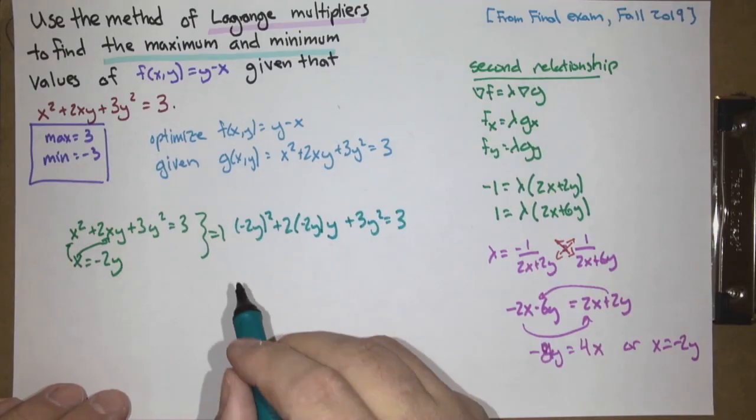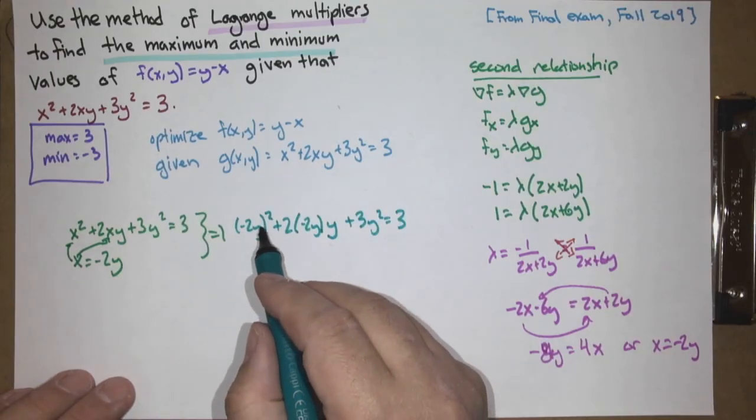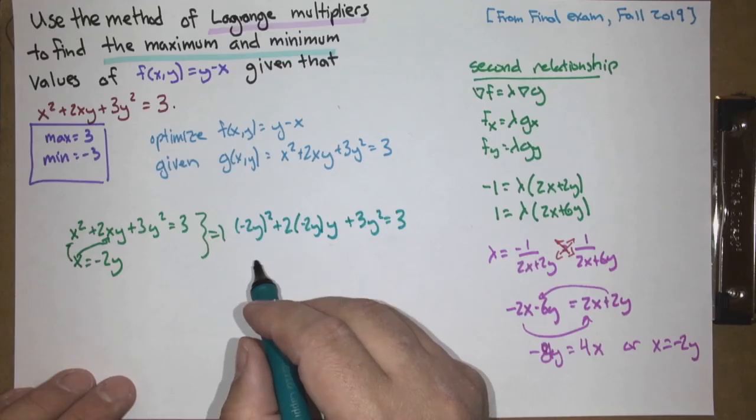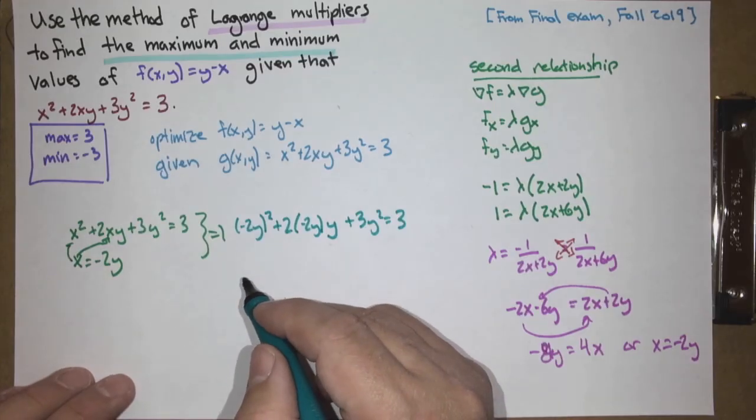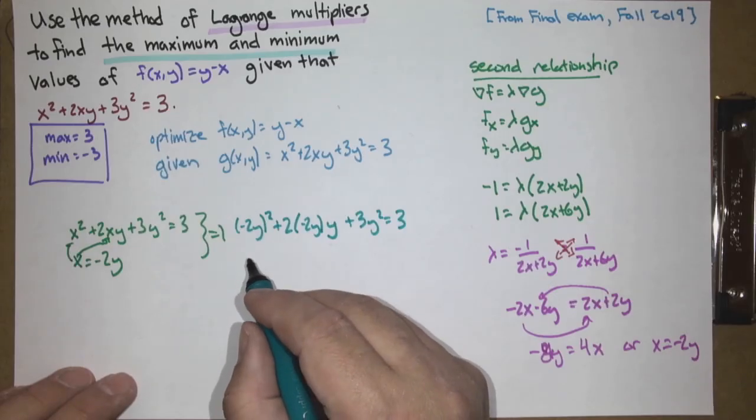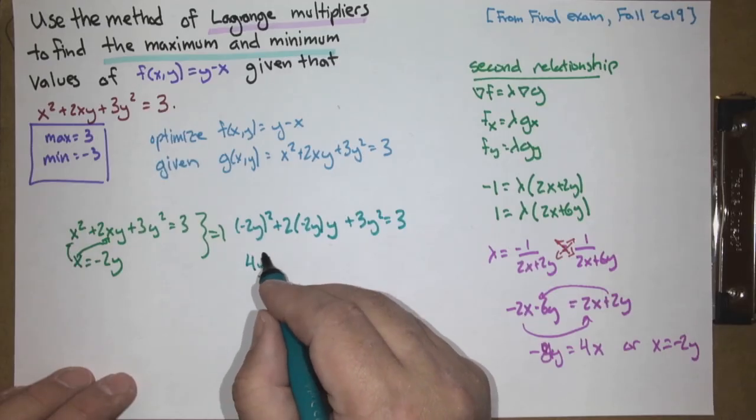These are big numbers, but that's all right. Minus 2y quantity squared: is it 4y squared or is it negative 4y squared? It is 4y squared. Are you sure about that? Yes. Do you want to call a friend? Now I'm making you doubt. No, you're right. It is 4y squared.